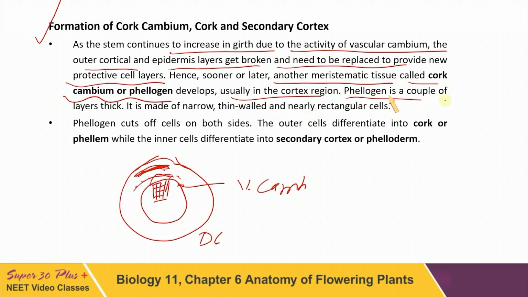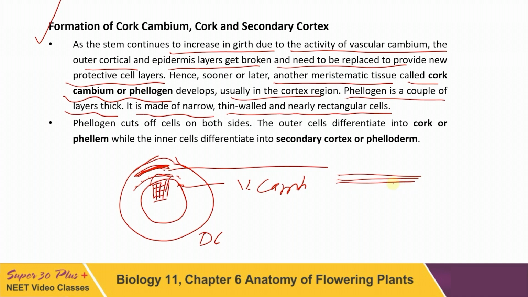This phellogen is a couple of layers thick and is made up of narrow, thin-walled, nearly rectangular cells. You see here, I can enlarge it, this is the cork cambium formed, just to give a protective layer. Now this cork cambium, also known as phellogen, will cut cells on the outer side and inner side both.